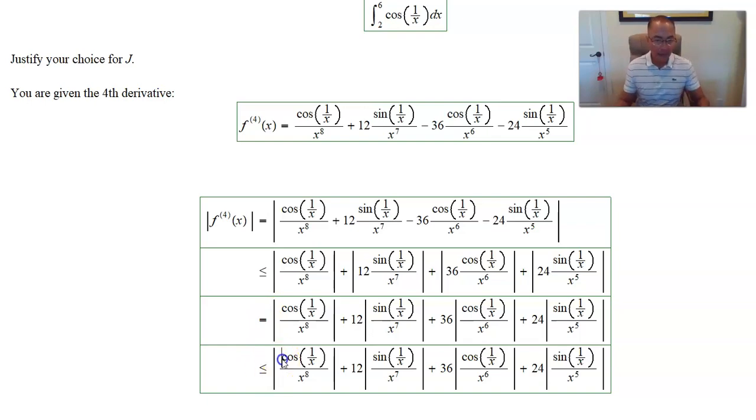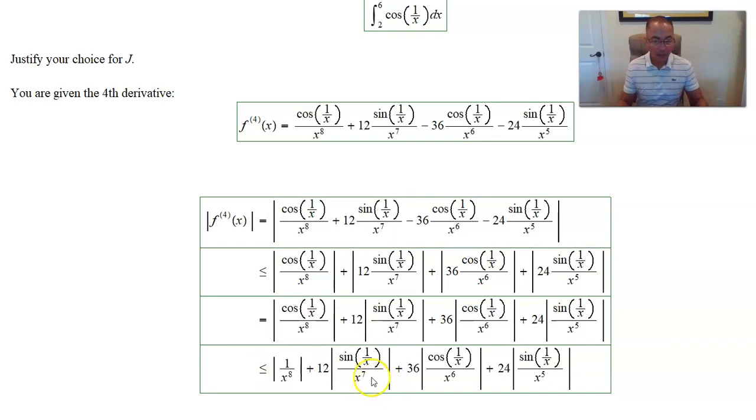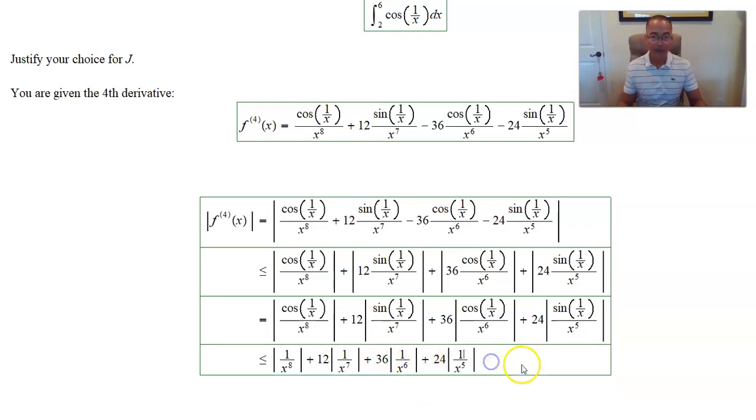Less than or equal to absolute value of 1 over x to the 8, 1 over x to the 7 times 12, 1 over x to the 6 times 36, 1 over x to the 5 times 24. Ooh! All the trig is gone. Goodbye. All the minuses are gone. Turn to plus. Okay, so we lost them in the first step. Okay, so yeah, we start out with something nasty and complicated, but this is not so bad, right?